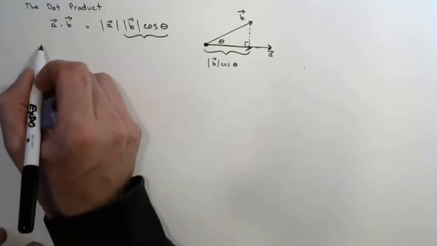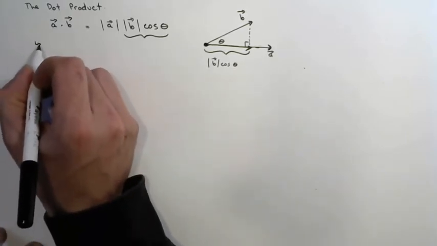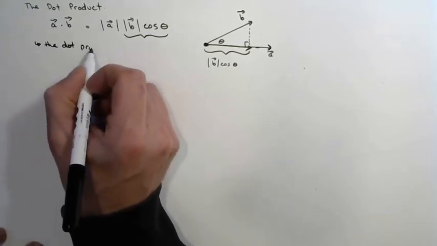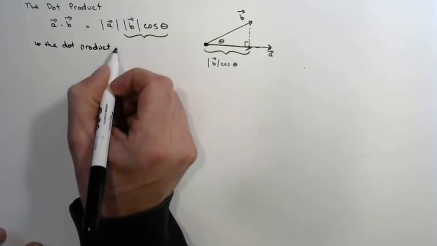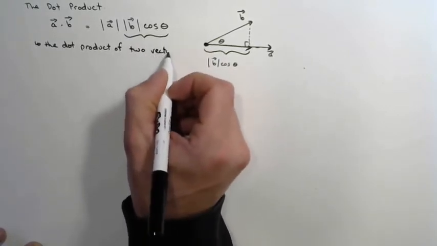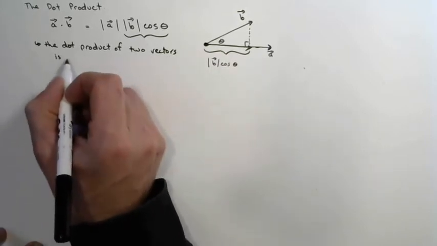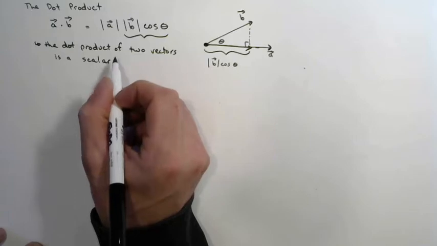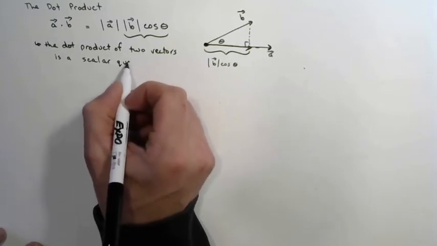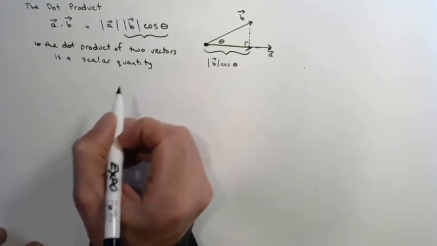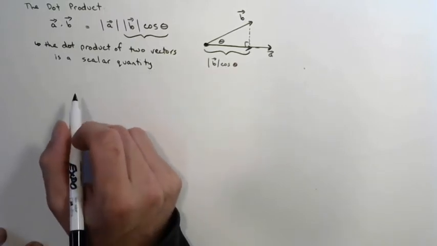The dot product of two vectors is a scalar quantity, and the units are going to depend on the application that we're doing.